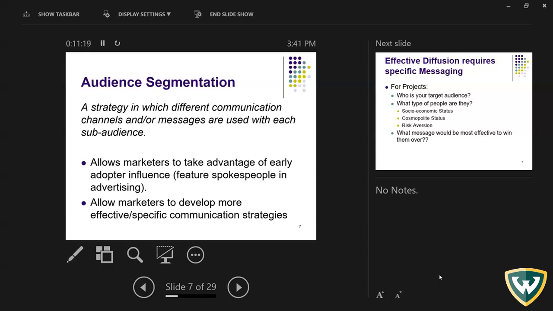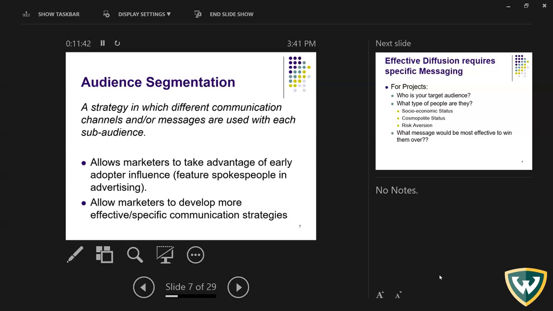And we've got to choose carefully, right? We're not going to choose someone who's an innovator because those people are not going to have the same level of influence over our majority. So we've got to choose carefully and make sure that that spokesperson is appropriate for what we want to do. And allow marketers to develop more effective and specific communication strategies.